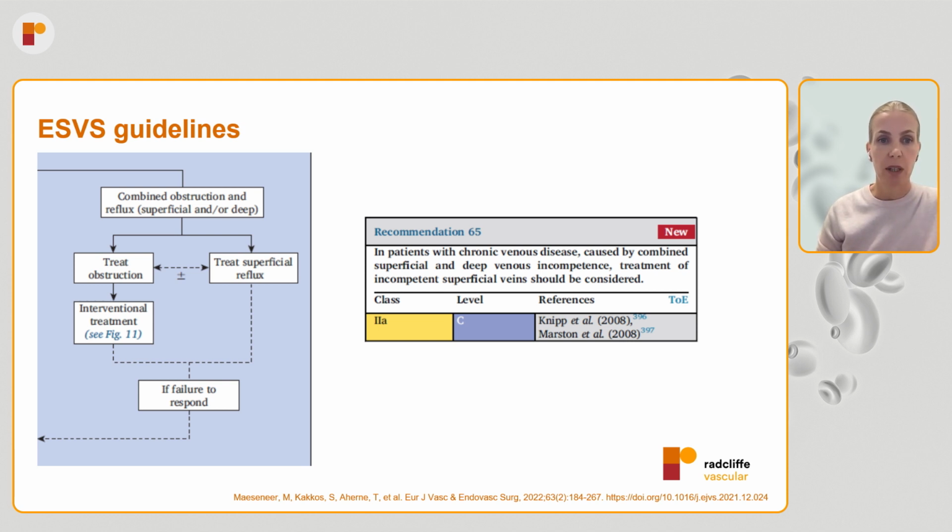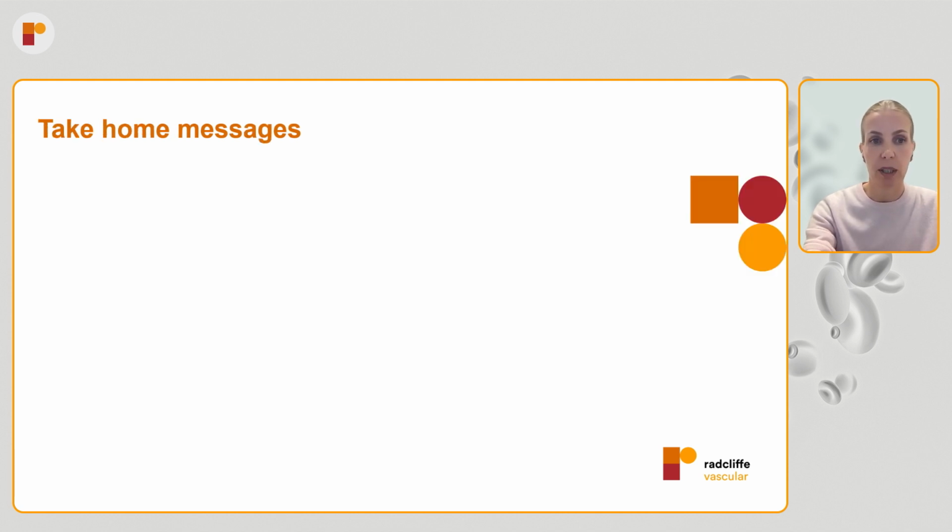And again, here it is very important to know if the superficial reflux has really no collateral function at all. The recommendation is that in patients with chronic venous disease caused by combined superficial and deep venous incompetence, treatment of incompetent superficial veins should be considered. It's a 2A/C recommendation.